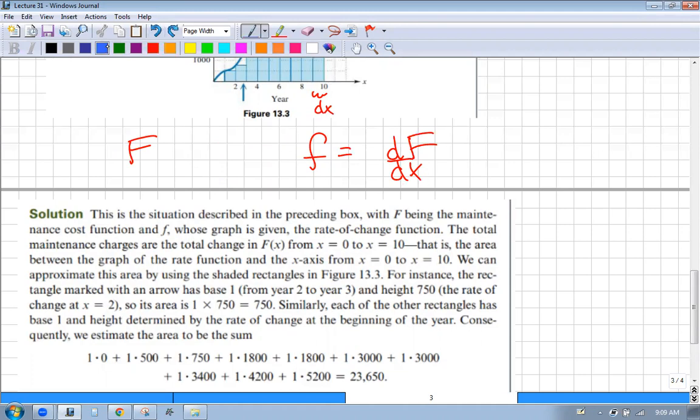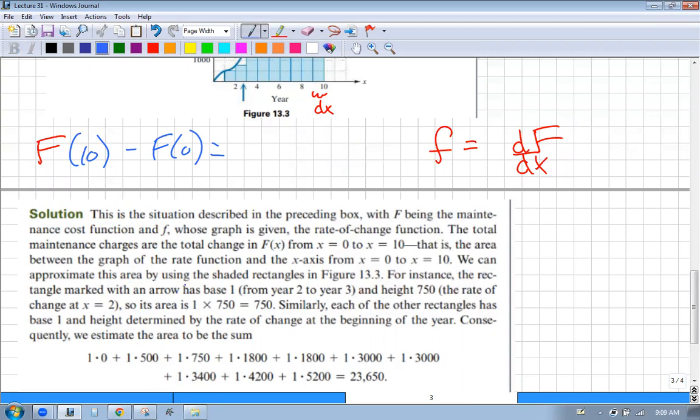Okay. The total maintenance charges, the change in F from 0 to 10. We would want to look at F of 0, the difference between time 0 and time 10, is what we want to do.